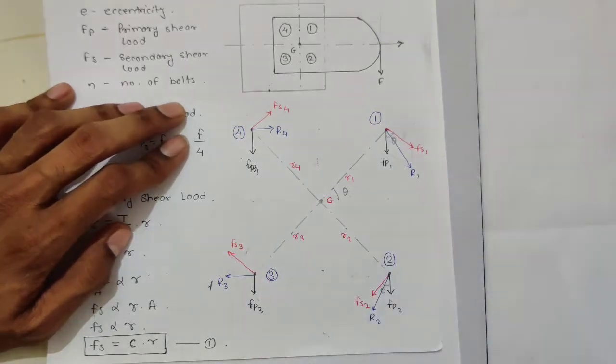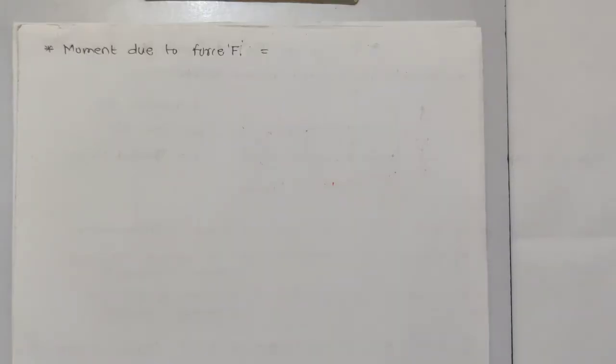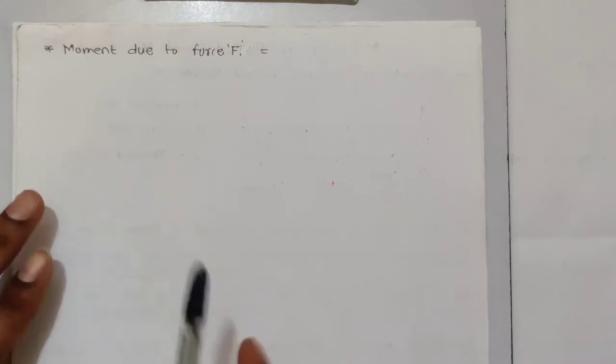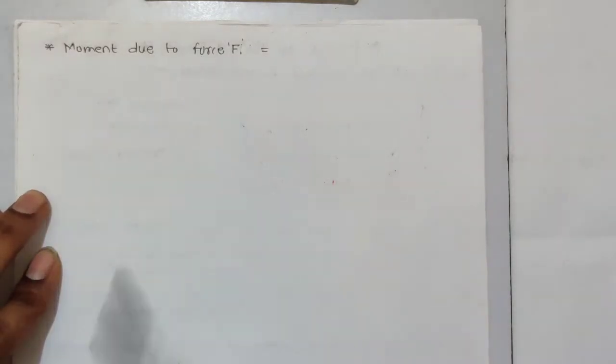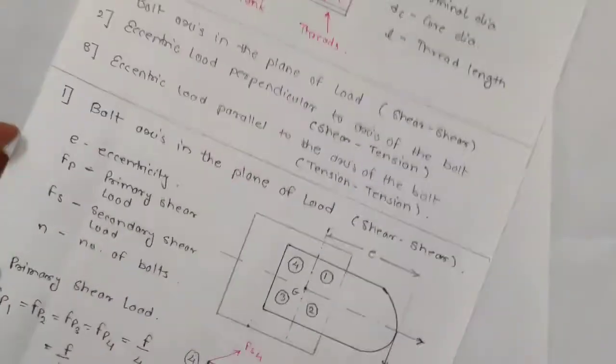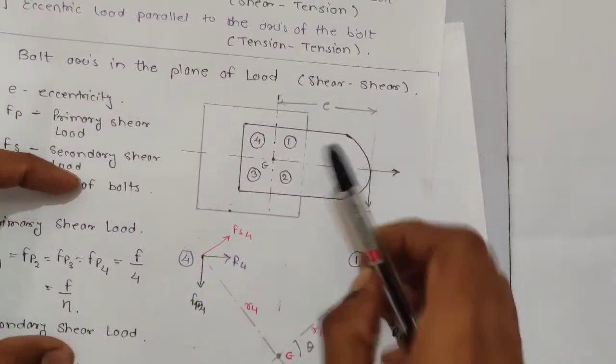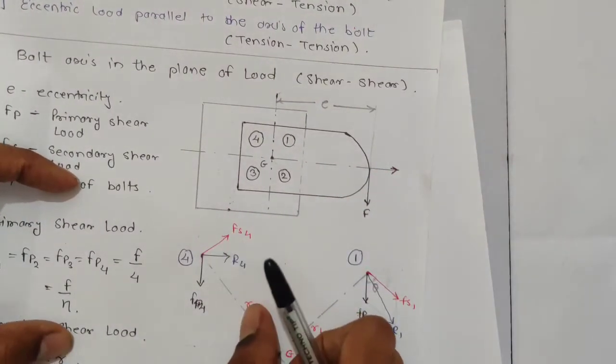Now we will go for the further derivation to find the values of Fs1, Fs2, Fs3 and Fs4. To find the value of the resultant shear stress, we first have to find the moment due to force P. This F is causing one moment. What will that moment be?